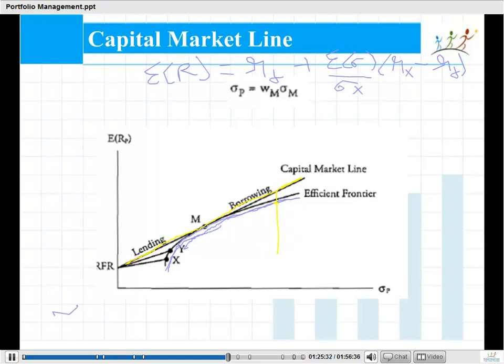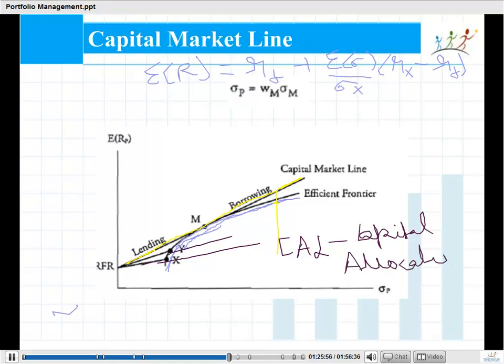Remember guys, all these lines that combine the risky asset with the risk-free asset are called capital allocation lines. They are called CAL, capital allocation line. The capital allocation line that passes through the tangency portfolio is a special capital allocation line.